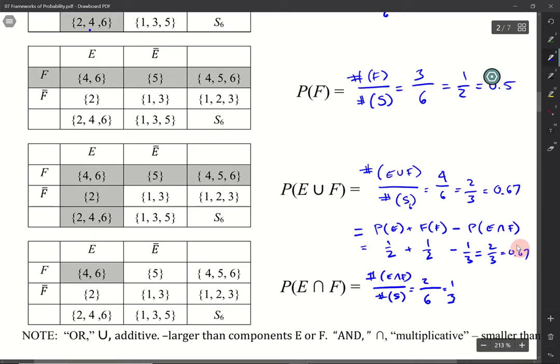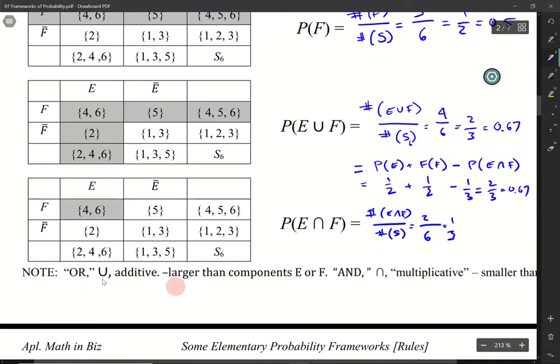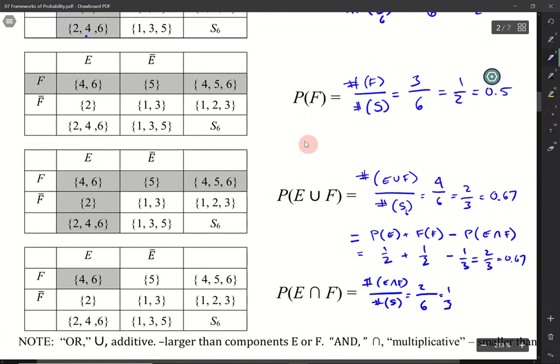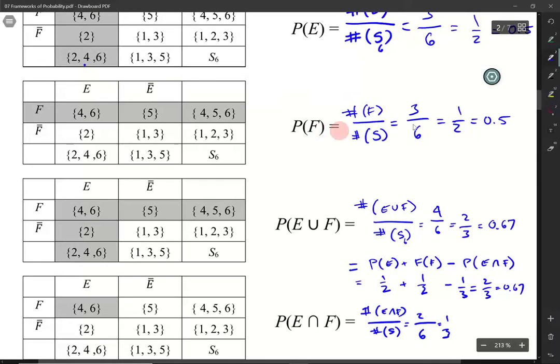Okay. So what we want to take note of is that when you have OR, you're adding, and you get a probability that's bigger, because the probability of E by itself is a half, the probability of F by itself is a half, and if you want E or F, you include E, you include F, and so you add them.